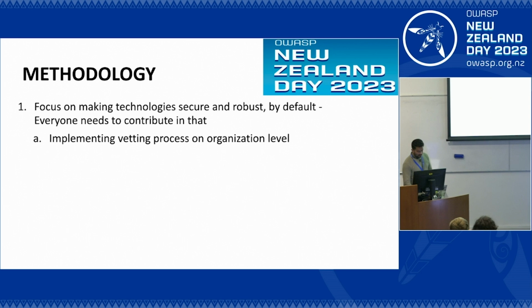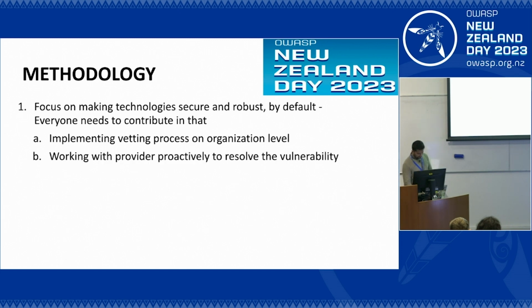It could be, like I put in the example, implementing a vetting process at the organizational level, and that software can be anything. It could be a small open source library, or enterprise software used by everyone in your organization, for example Workday. So for anything you are using which is not developed by you, put in your best effort to make sure that it is secure.